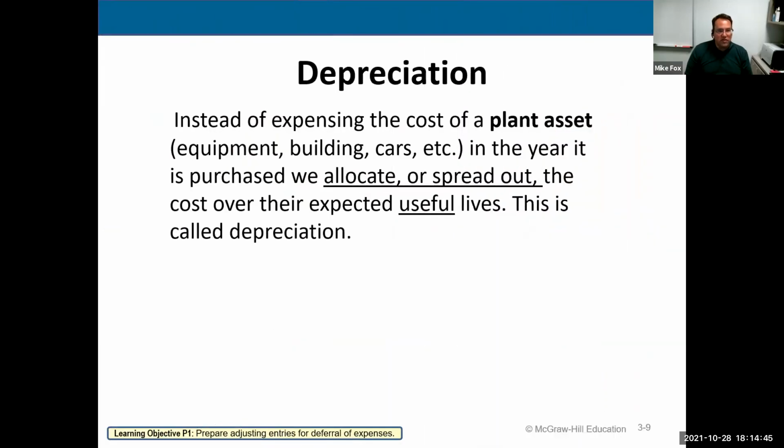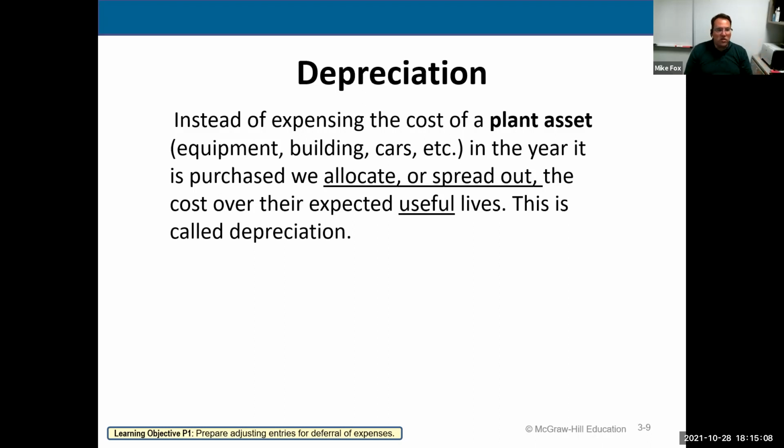One more version of this that's a little different is called depreciation. We'll learn more about it in depth in the future. But the idea of depreciation is that certain assets, like long-lived assets, or they call them plant assets in accounting, like equipment, buildings, cars, etc., have a useful life that lasts longer than a single accounting period.